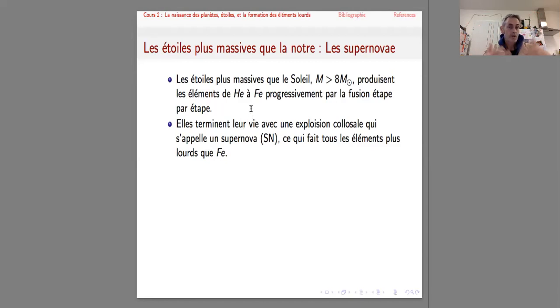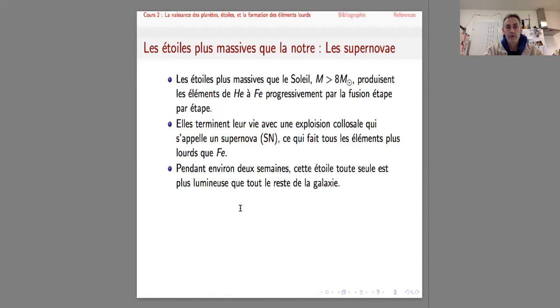That sort of production of energy stops at iron, and so the elements heavier than iron are produced in other ways, and an important way is the supernovae, which are these explosions that end the life of a star.